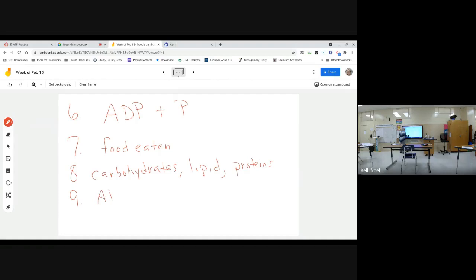And then what is not being recycled? I would say the ATP for that one, because it's only there for that energy.